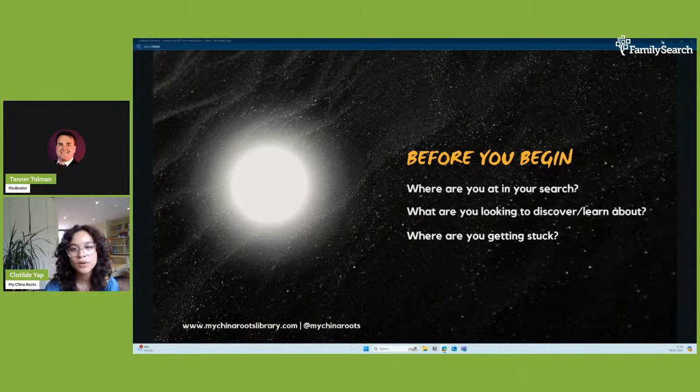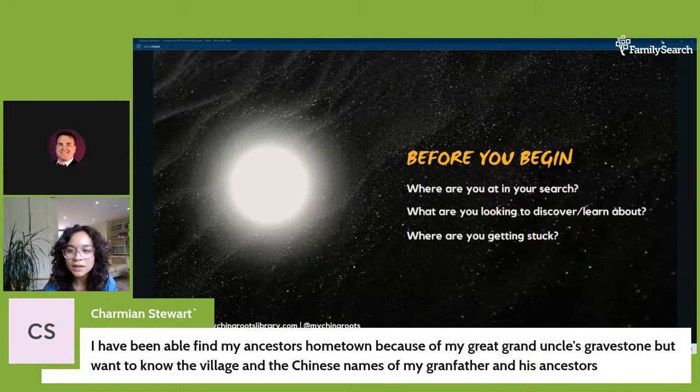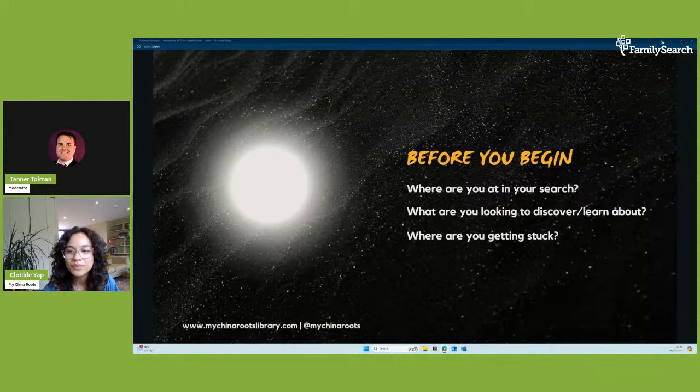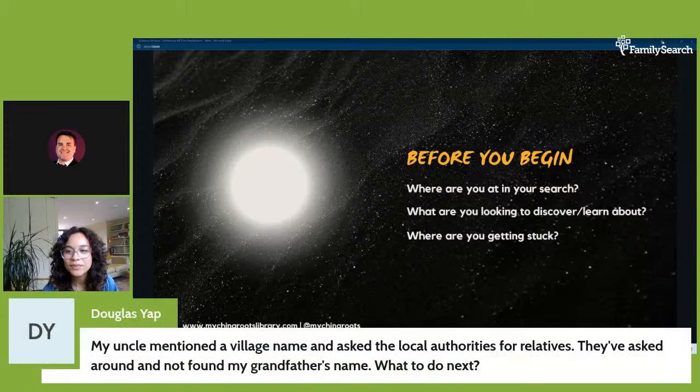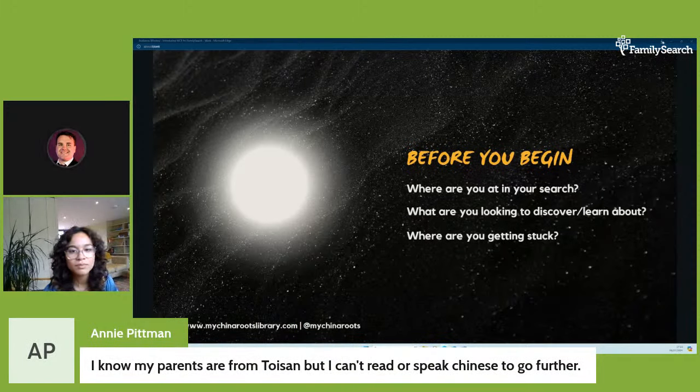Let's see. Okay, so I see a few comments coming in. Oh, hi, Douglas. Yep, we have the same surname. Annie says, I know my parents are Toisanese, but I can't read or speak Chinese to go further.